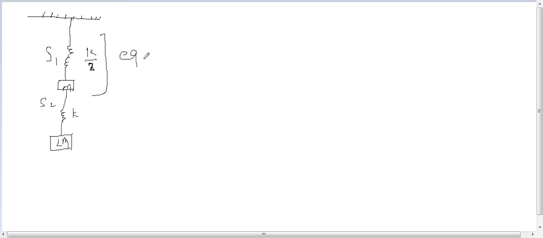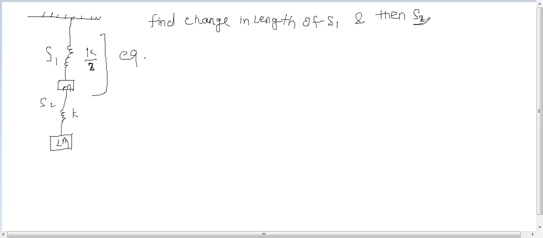So we have to find the change in length of S1 first, and then the change in length of S2. We have to find these two things.